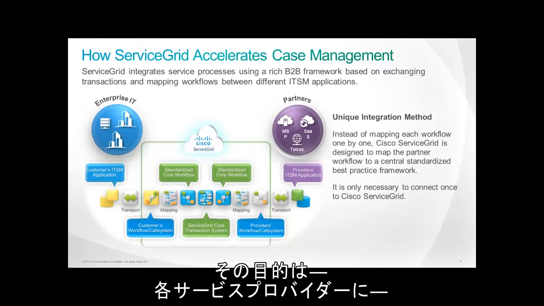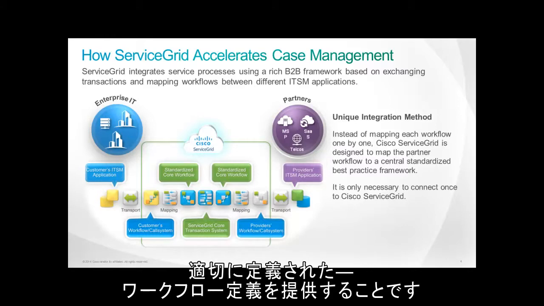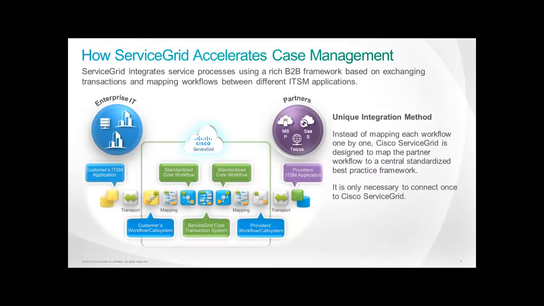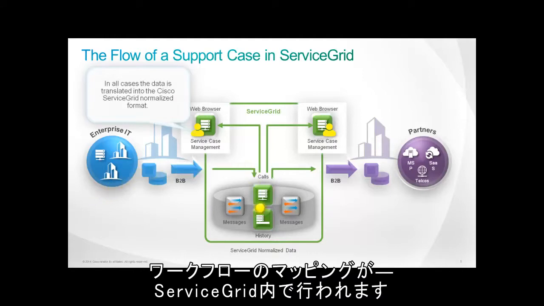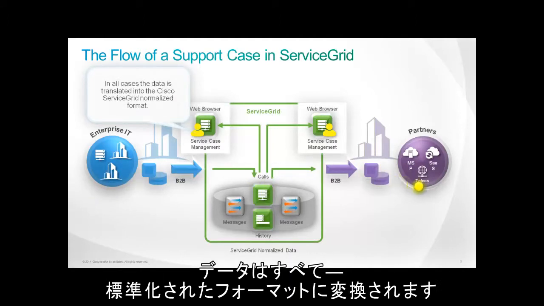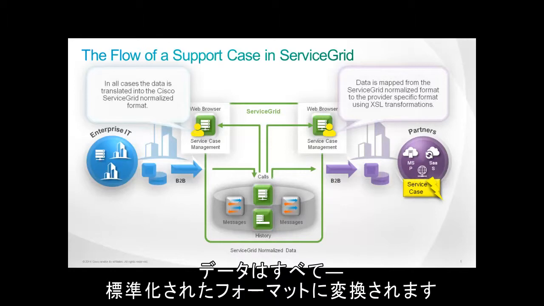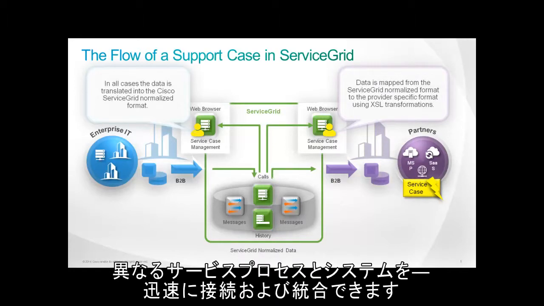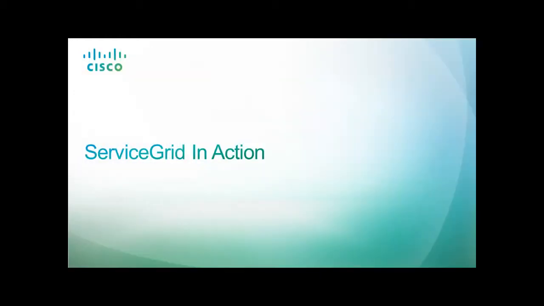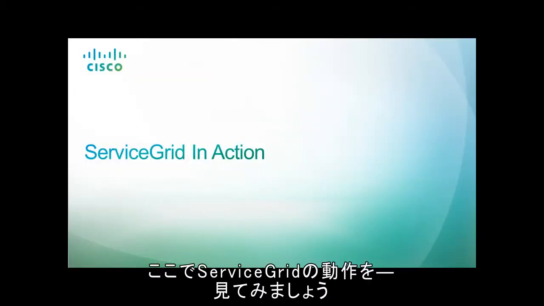The aim is to provide each service provider with a well-defined workflow definition, which can be used as standardized mapping to other service partners. The principle of double translation is used to map processes and workflows within ServiceGrid. All data is translated into a normalized format, enabling ServiceGrid to connect and integrate different service processes and systems very quickly. Now, let's take a look at ServiceGrid in action.